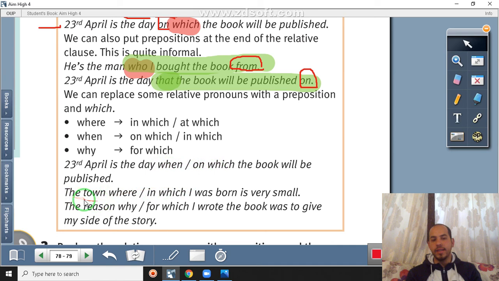The town is a place. So you are supposed to use the relative pronoun where. But you can also replace where with in which. The reason why refers to the reason. So the relative pronoun is why. But we can replace why by for which.